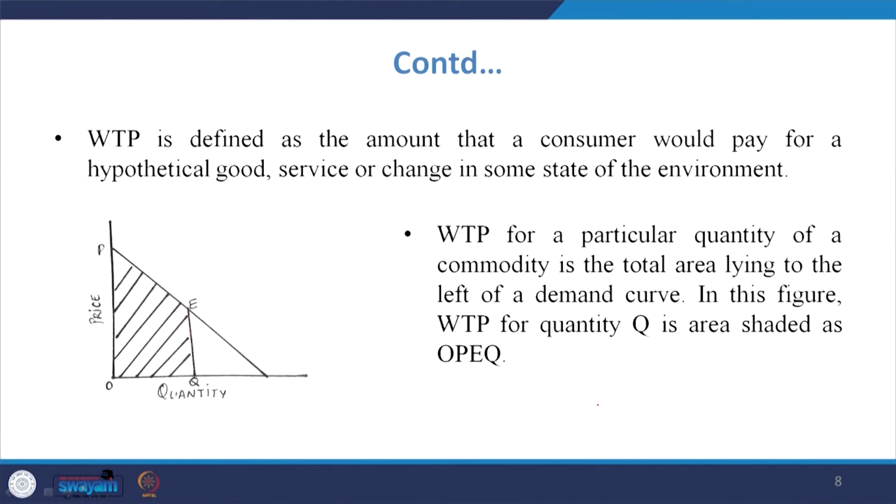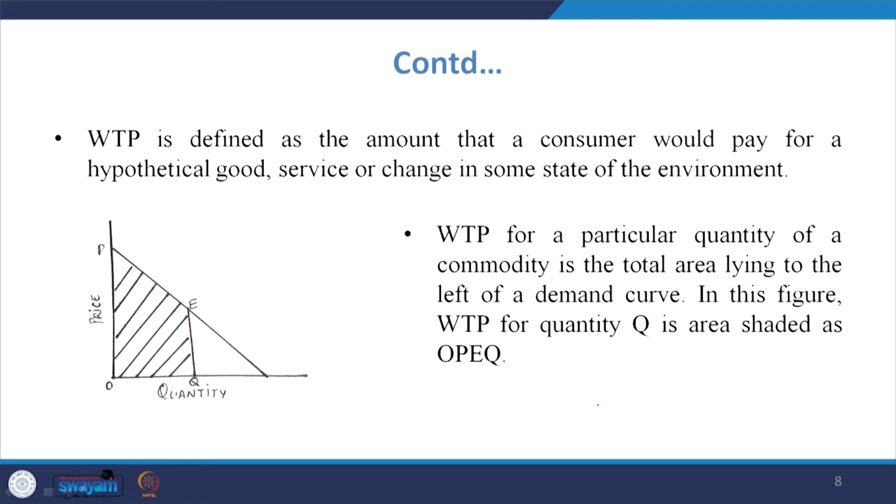So, how much they are willing to pay and how much they are actually paying, the difference can be termed consumer surplus. Here in this graph you can see that marginal willingness to pay can be assessed. We have this demand curve, with price on the vertical axis and quantity on the horizontal axis, and marginal willingness to pay is defined as the amount the consumer would be willing to pay for a hypothetical good or service or a change in some state of the environment.